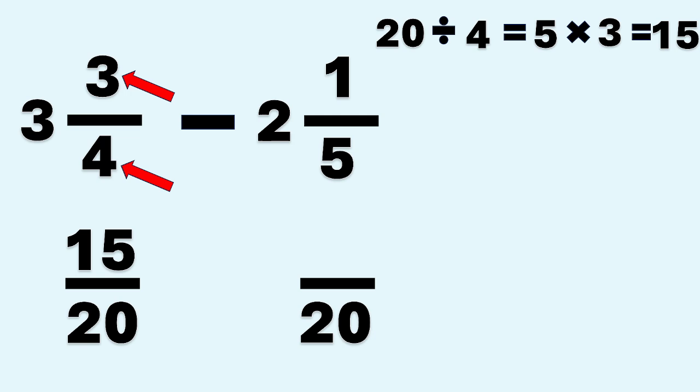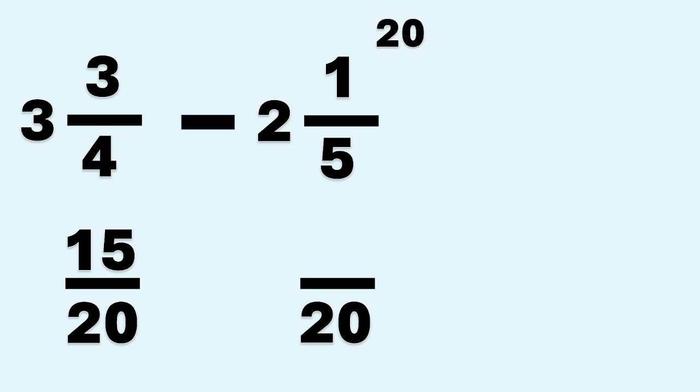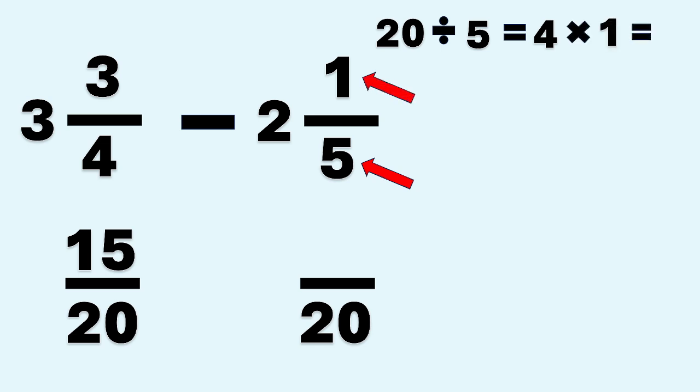Next fraction, we divide the LCD 20 by the denominator 5. So 20 divided by 5 equals 4. Then multiply the answer by numerator 1. So 4 times 1 equals 4. So we have here 4/20.